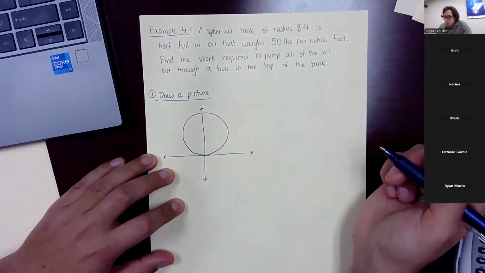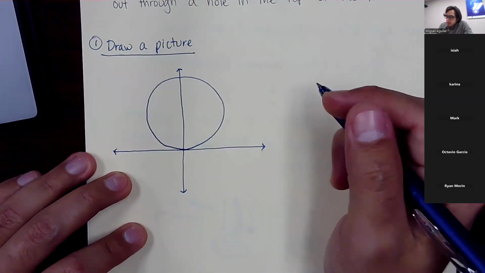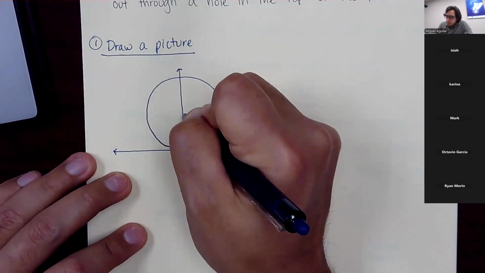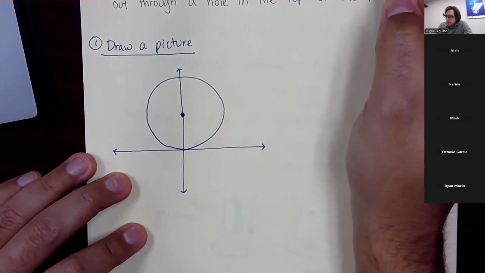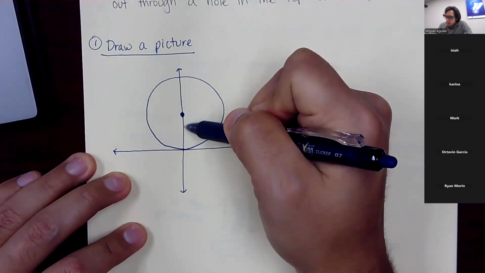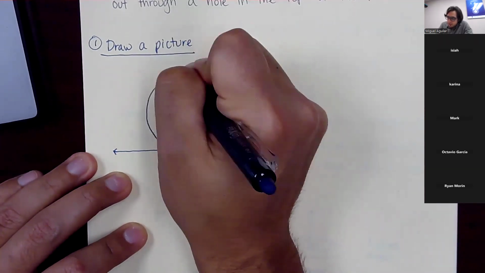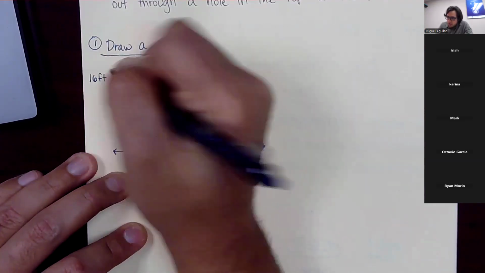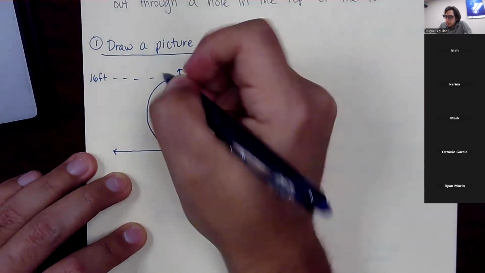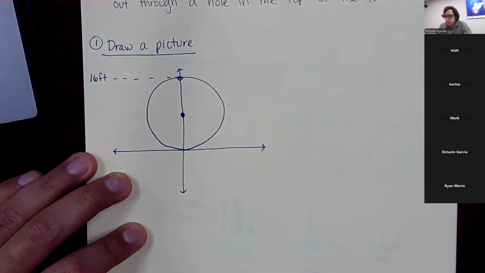Okay. I'm going to zoom in so we can see this picture a little bit better. So if the radius of this sphere is 8 feet, how tall is the sphere? 16, right? So we have a 16-foot tall sphere. And there's a hole at the top of our sphere where we're going to be pumping this oil out.